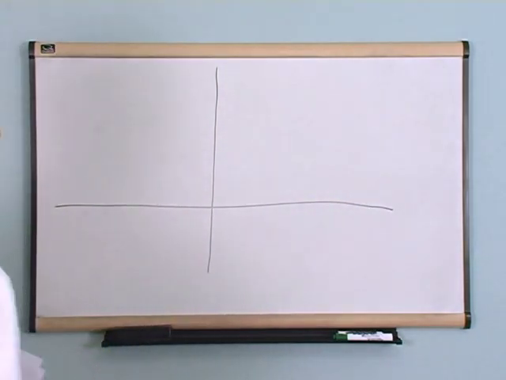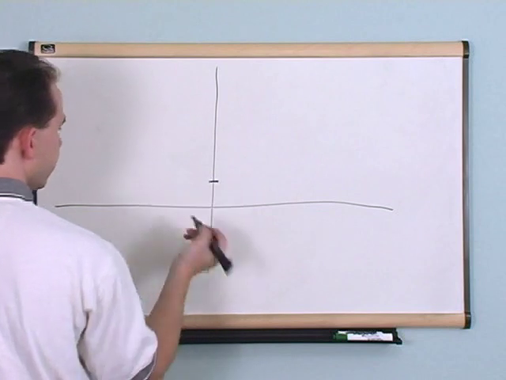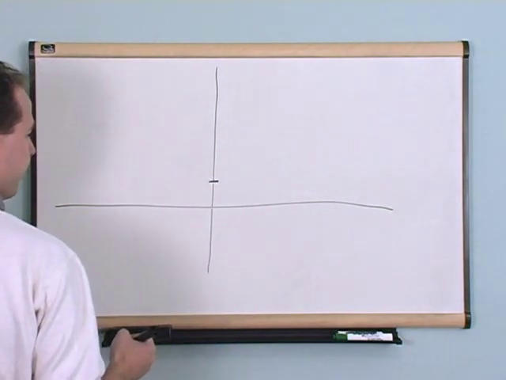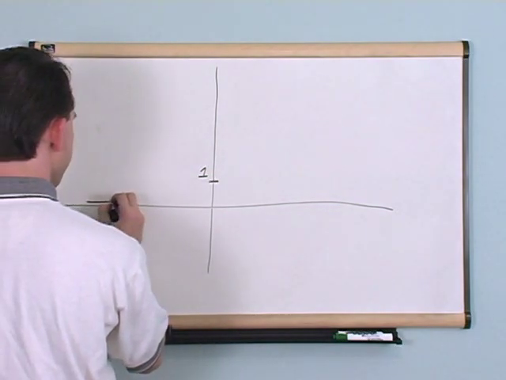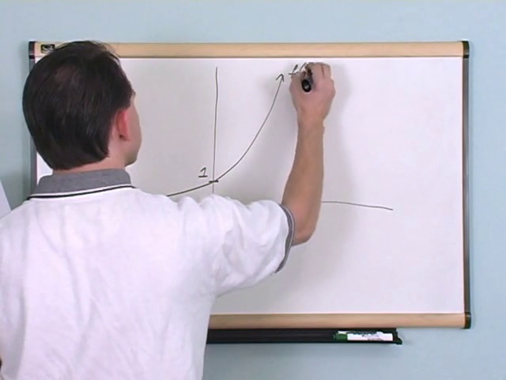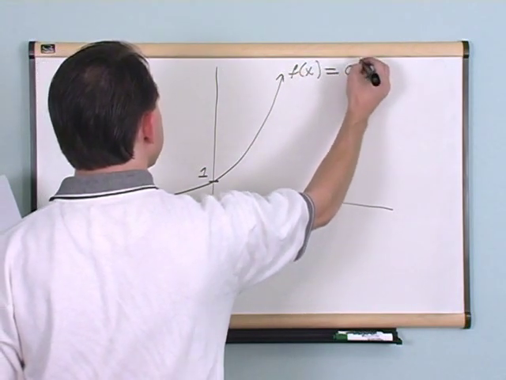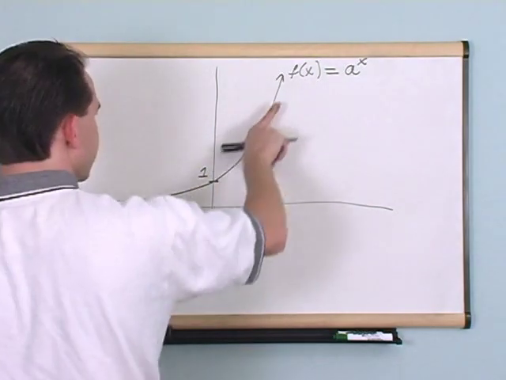First thing I want to do is refresh your memory on the exponential function, because we'll find out in a minute the logarithm is just the opposite of that. Okay, so if this is the number 1, I think you will remember that the exponential function f of x equals a to the x is given by this. It goes through 1 and it goes up exponentially.